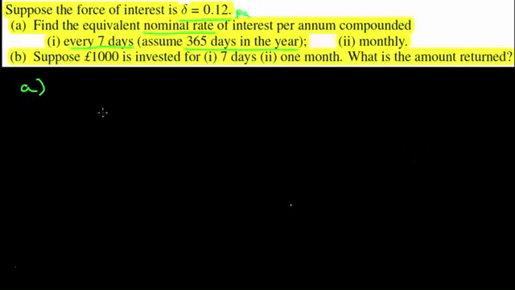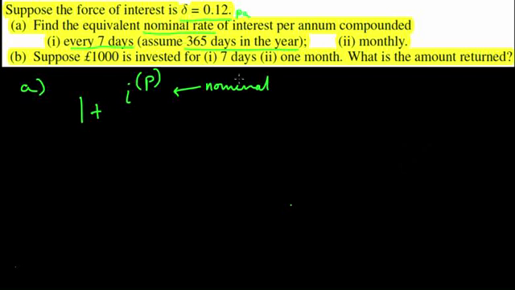So how do we get from an effective rate to a nominal rate? All we have to do is use this formula. This over here is the nominal rate per annum.